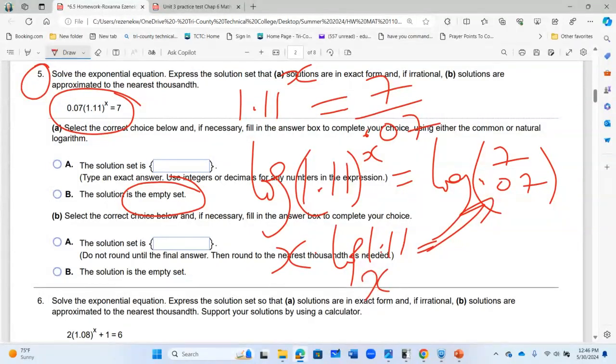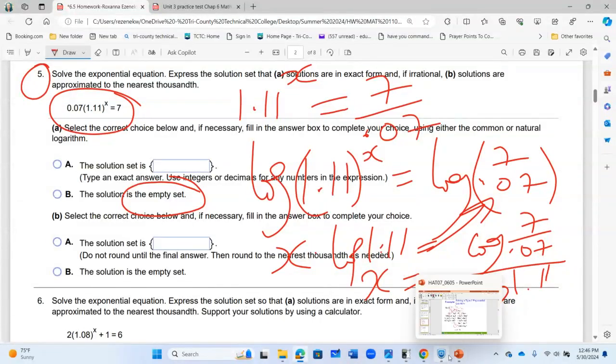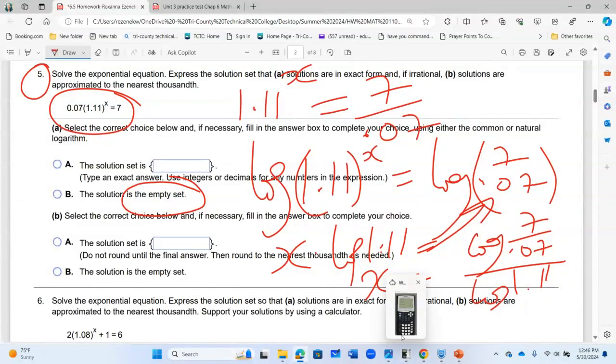I get the value of x, and then I divide the right-hand side by log of 1.11. So log of 7 divided by 0.07 all over log 1.11. So I get my calculator and put it in, then I'm finished.